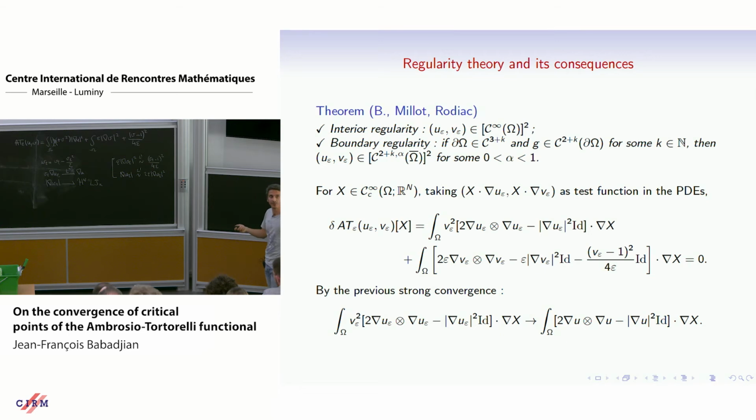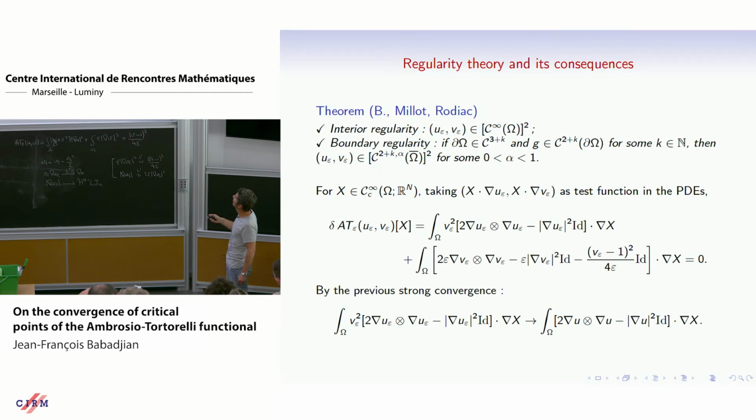You take them as test functions. You perform various integrations by parts, so I skip the details, and here is the expression that you obtain. This is a quantity that I call delta AT epsilon. This is exactly what you would obtain if you had performed inner variations of the Ambrosio-Tortorelli functional.